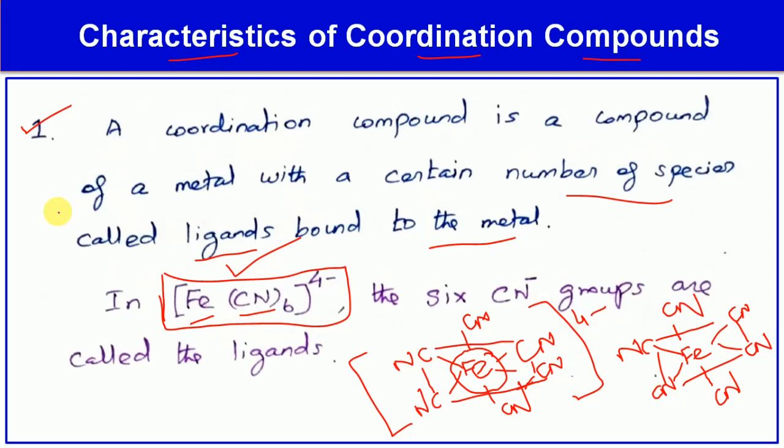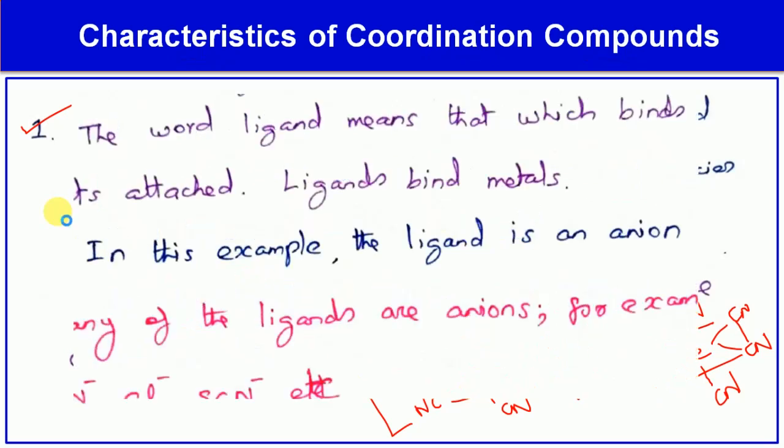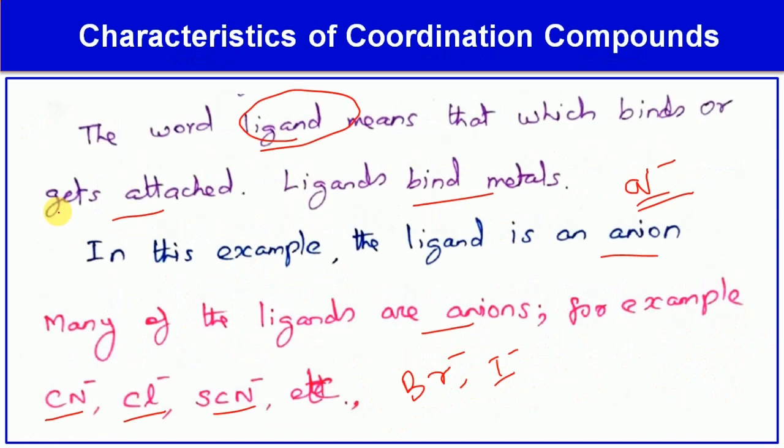The 6 cyanide groups are called ligands. This is the octahedral geometry. The word ligand means that which binds or gets attached. Ligands bind metals. In this particular example, hexacyanoferrate(II), the ligand is an anion, which means cyanide. Many of the ligands are anions.